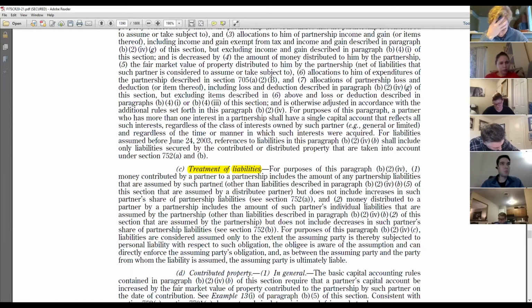So if you assume a partnership liability, and you say, I've got this, this is now my personal liability, then that's a deemed contribution of money. But that's not what's going on here. What's going on here is an increase in the partner's share of the debt under 752. That is not a deemed contribution of money for capital account purposes.